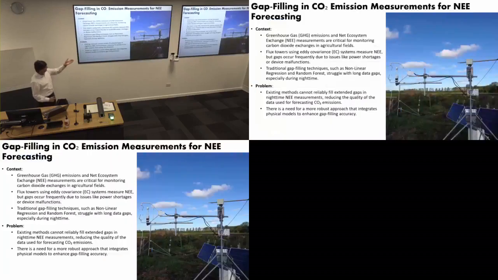So, for example, here I give you an example. This is a particular sensor that is measuring net ecosystem exchange at a particular site in East Anglia. Now the problem is, during the day, most of the readings or observations that we are collecting from these sensors, by the way, there are hundreds of those sensors at different places, are within a certain degree of accuracy.